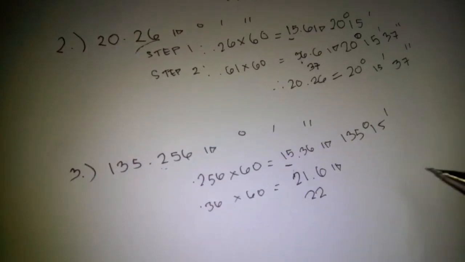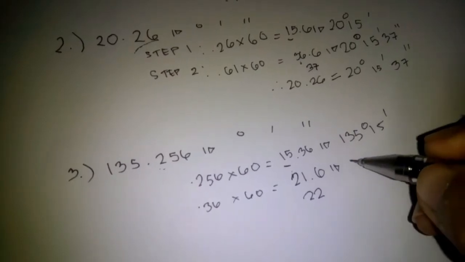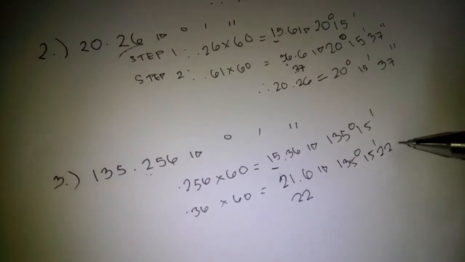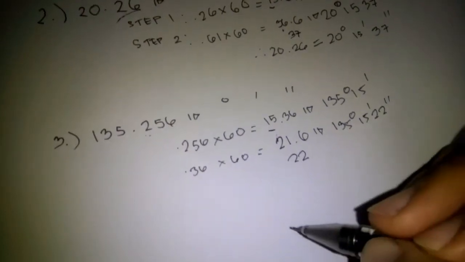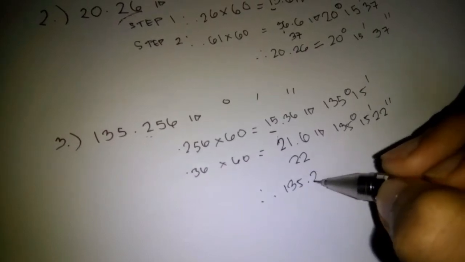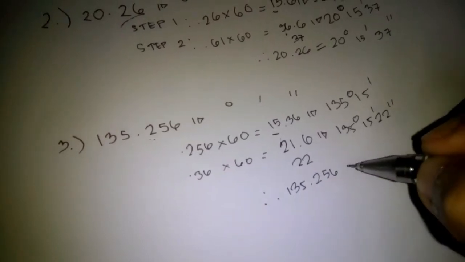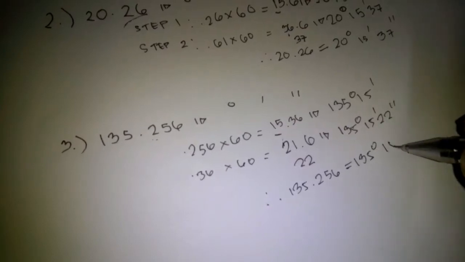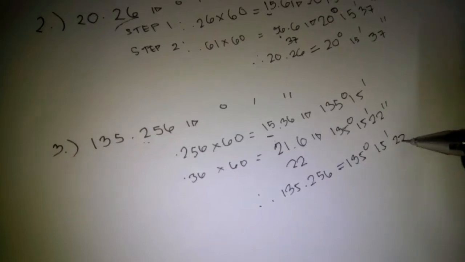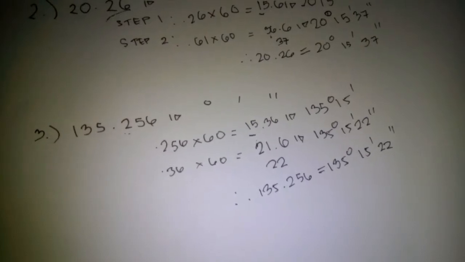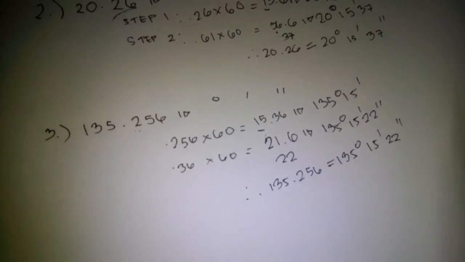So our final answer will be 135 degrees, 15 minutes, and 22 seconds. So we therefore conclude that 135 and 256 thousandths is equal to 135 degrees, 15 minutes, and 22 seconds.